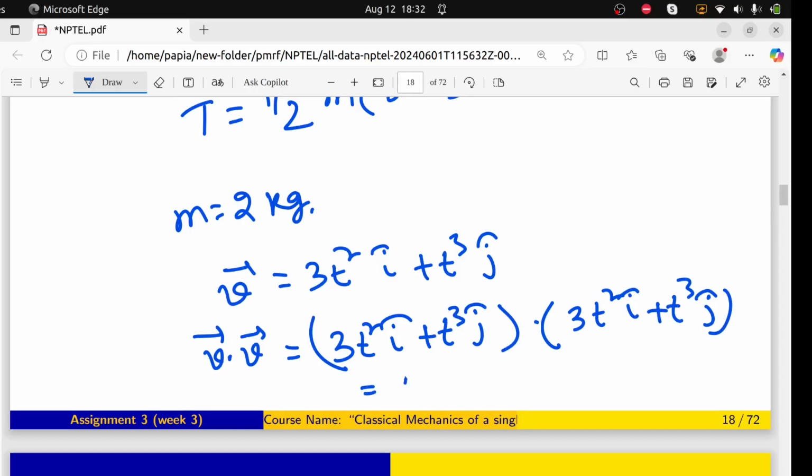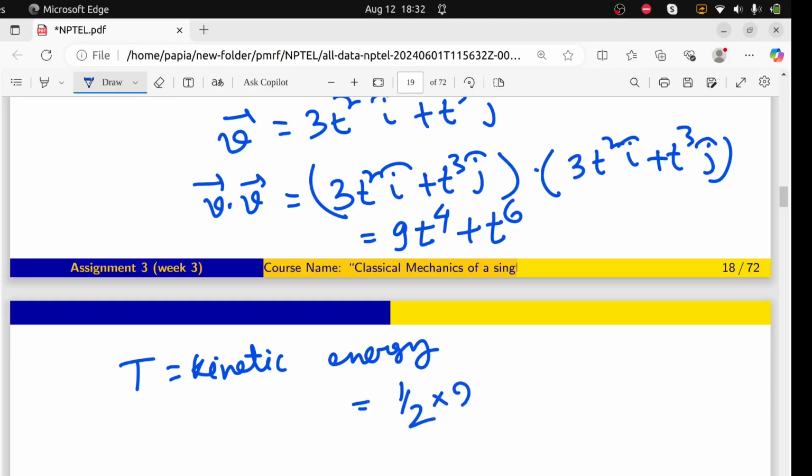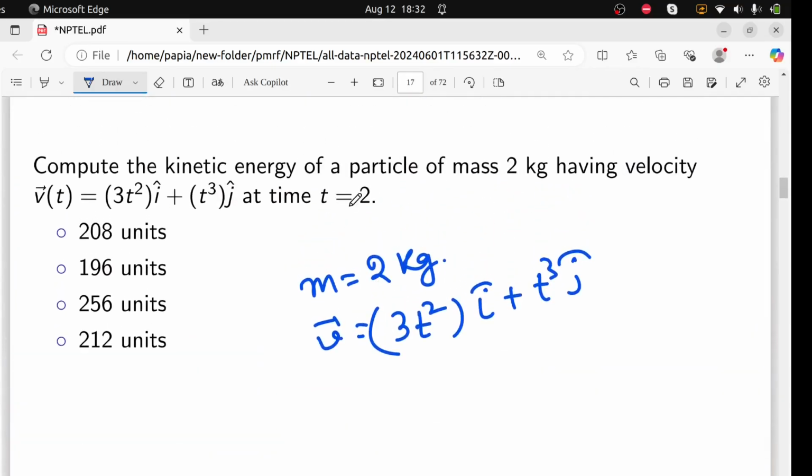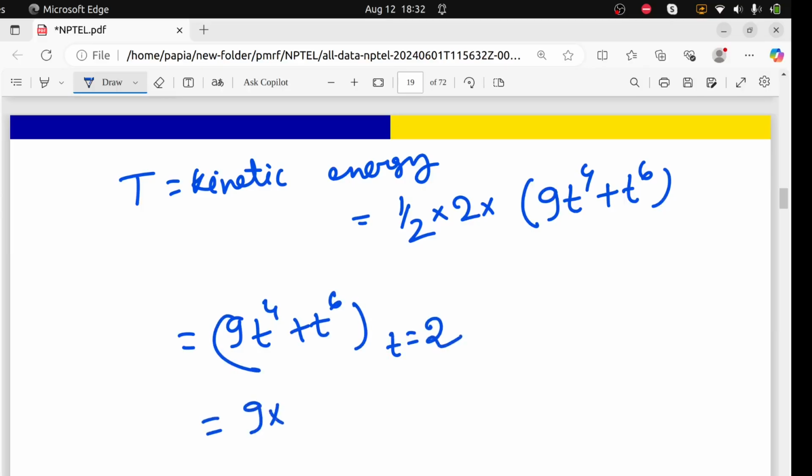So the answer is like 9t to the power 4 plus t to the power 6. So our T, the kinetic energy, is half into 2 into (9t to the power 4 plus t to the power 6). And they are asking at t equals how much? t equals 2. So 9t to the power 4 plus t to the power 6 at t equals 2, so 2 to the power 4 and 2 to the power 6.